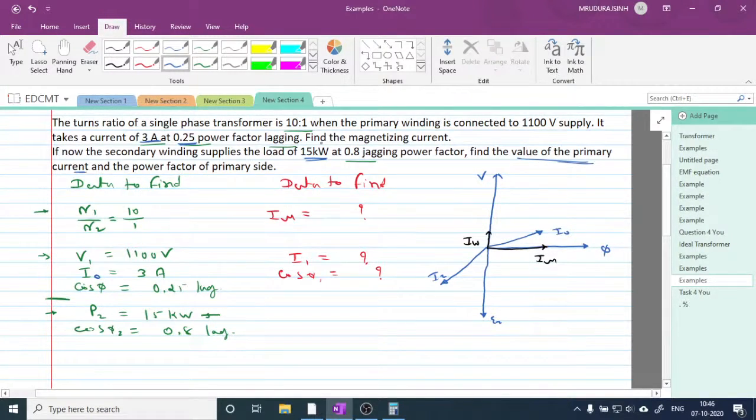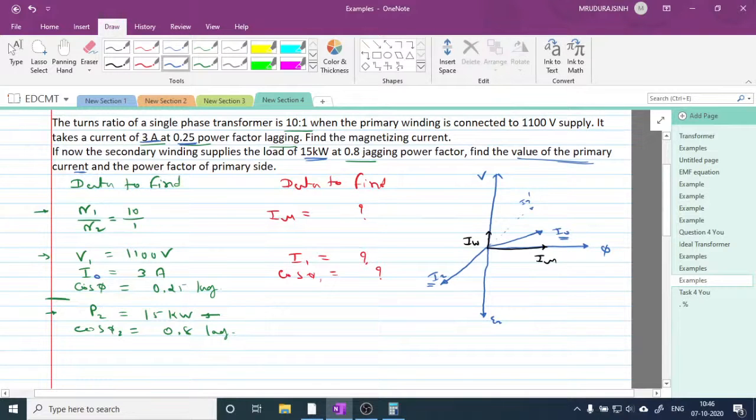So basically the primary current is made up of the no load current as well as the balancing current that flows from the primary to balance the secondary current I2. So how much will the balancing current be? The length is equal to this I2 and the direction is opposite to this I2. So this is I2.